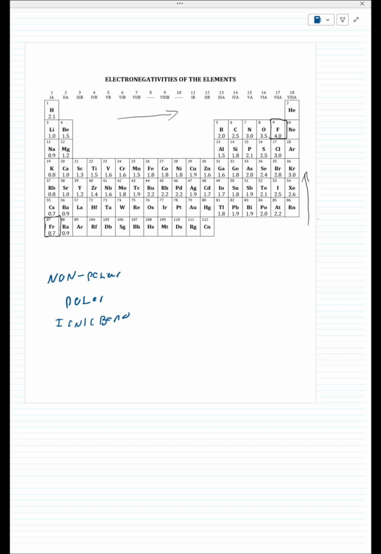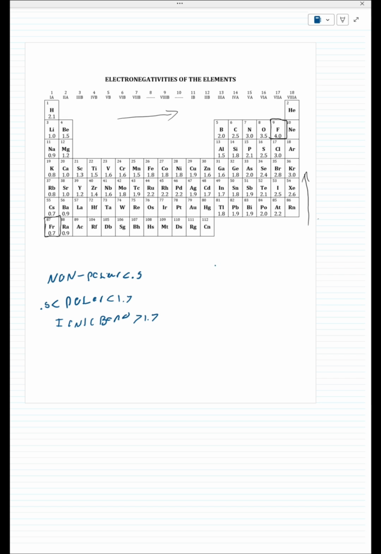And in simplicity, non-polar is anything less than 0.5. Polar is anything that is greater than 0.5 and less than 1.7. Ionics, everything greater than 1.7. So what does that mean?